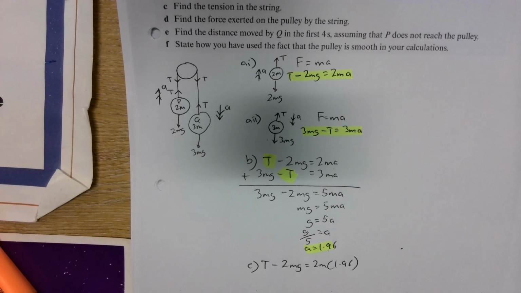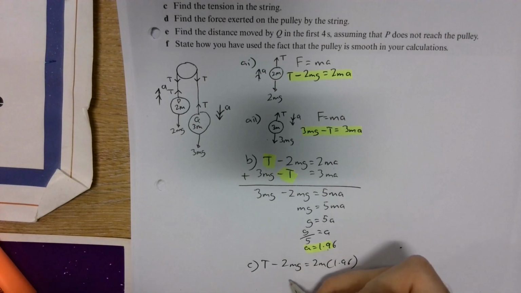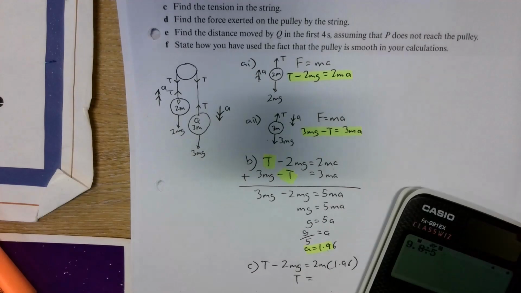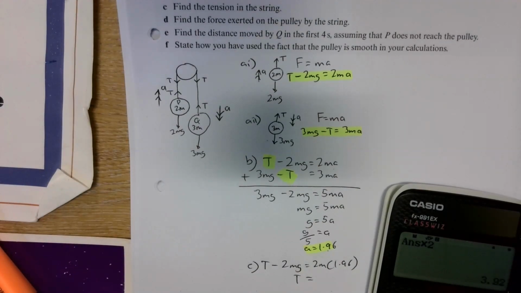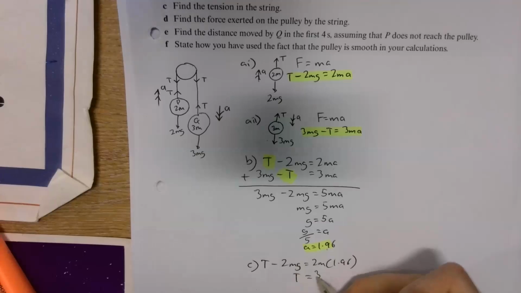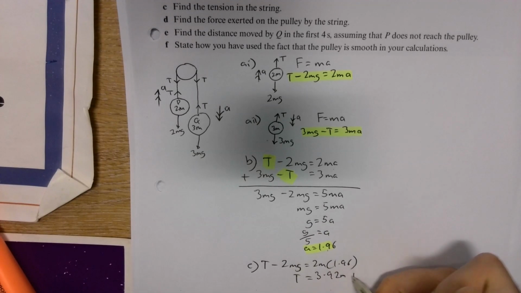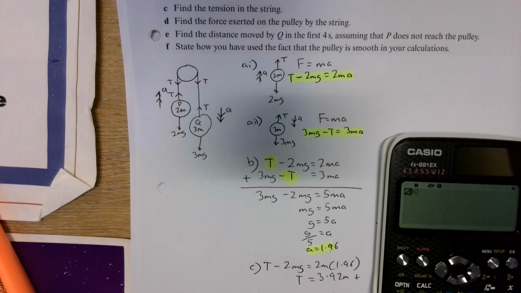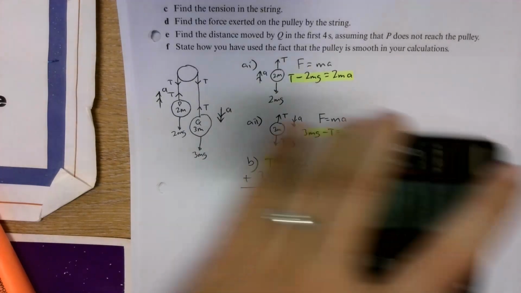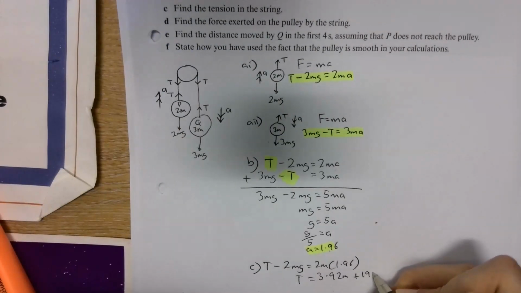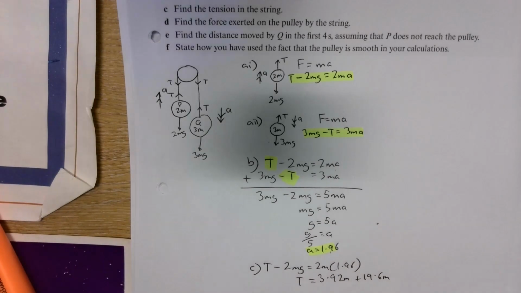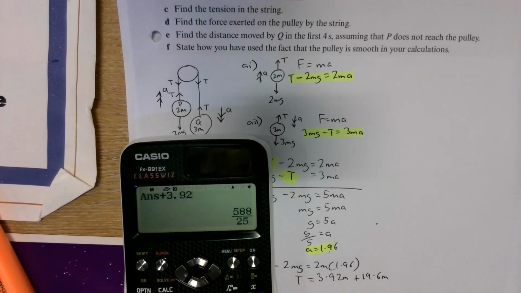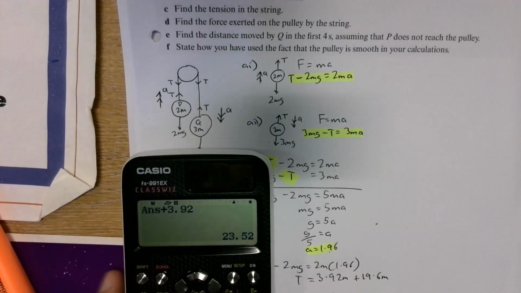So T will equal 2 times 1.96m, which is going to give me 3.92m, plus 2mg, which is 2 times 9.8, remember, which is 19.6. So if we add them two things together, 19.6 add 3.92, that gives me 23.52.